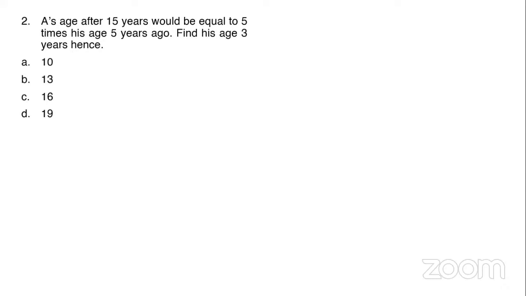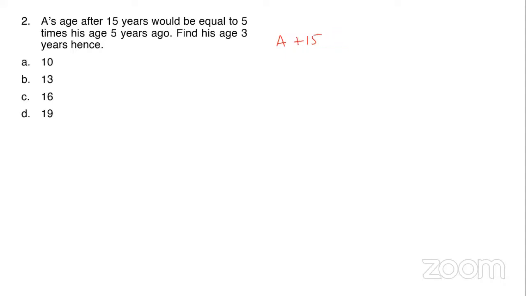So here, in this question, A's age after 15 years would be equal to 5 times his age 5 years ago. So after 15 years, let's say present age is A. So after 15 years will be A plus 15.